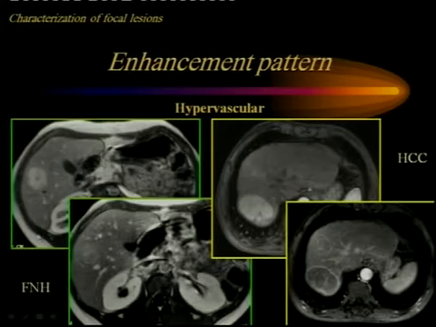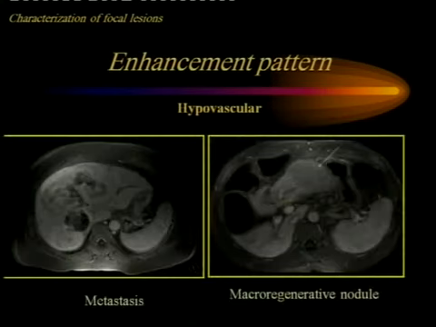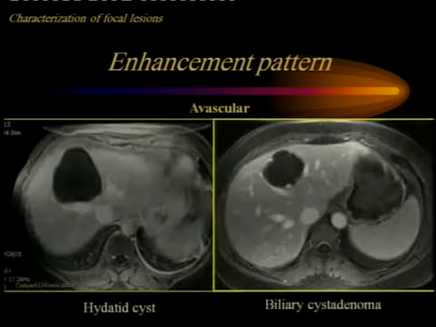These could be either benign or malignant, so you'd have lesions such as focal nodular hyperplasia or adenomas, which show arterial enhancement, all the same with the hepatocellular carcinomas. Other lesions will tend to be more hypovascular, and again, these can range between benign and malignant lesions. Particularly in the cirrhotic environment, some regenerative nodules will be hypovascular, and metastatic lesions from many primaries will be the same, just as examples of that.